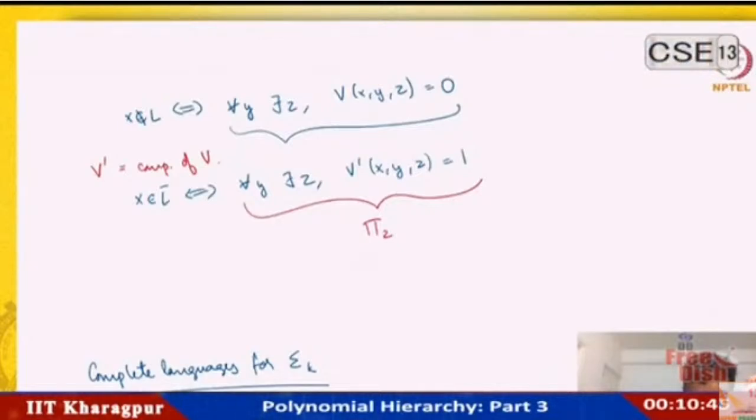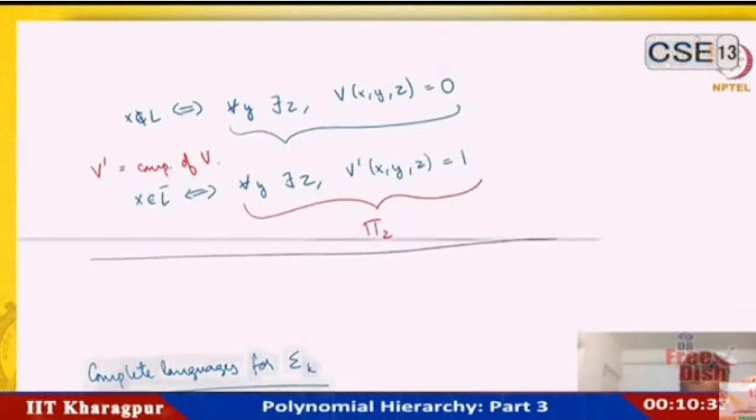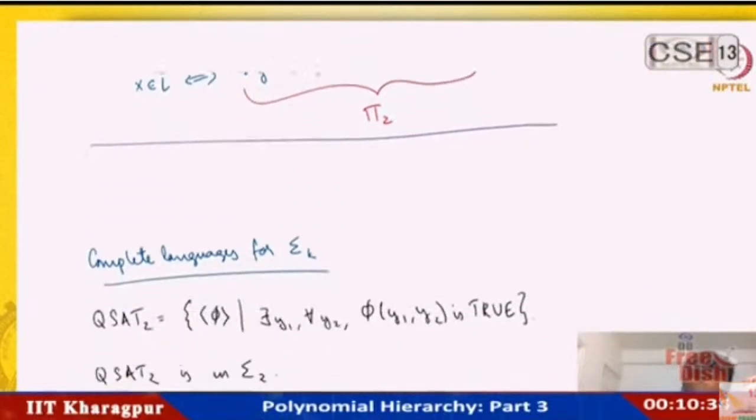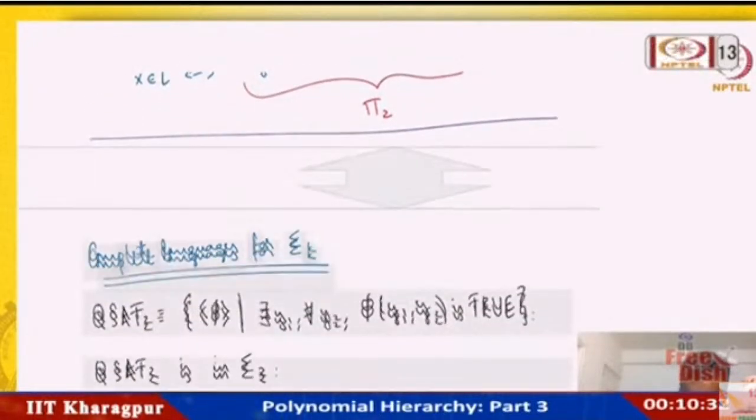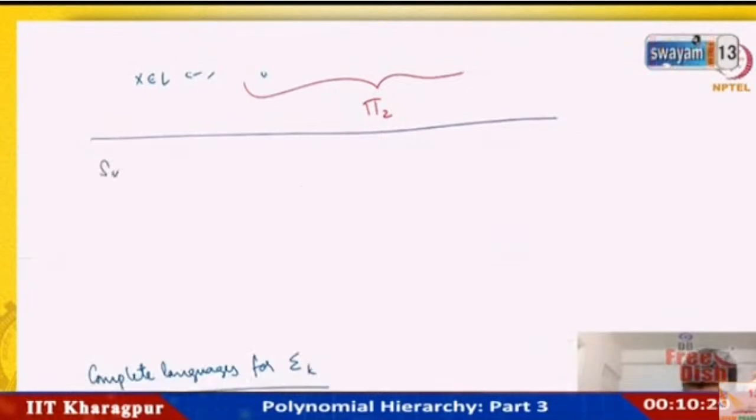Similarly, pi k is co-sigma k, because it is much of the same thing. You can do whatever we did for pi 2 for pi k. So that is the first thing that I wanted to say.